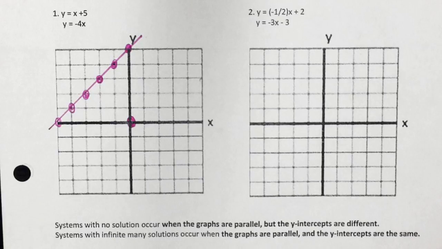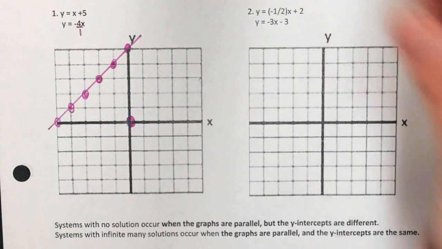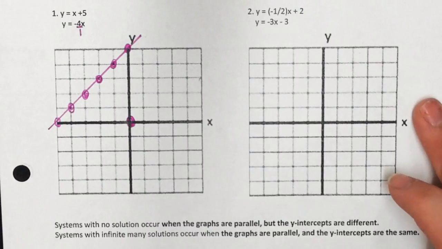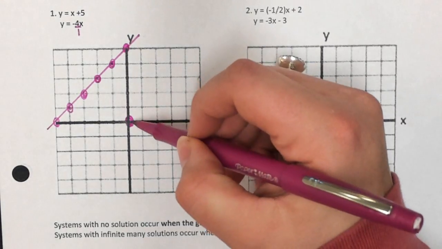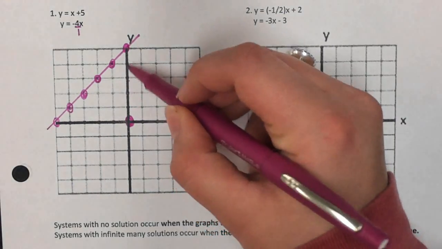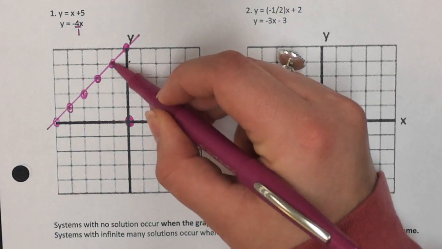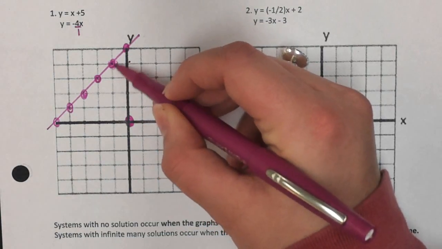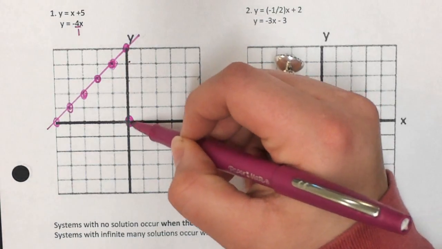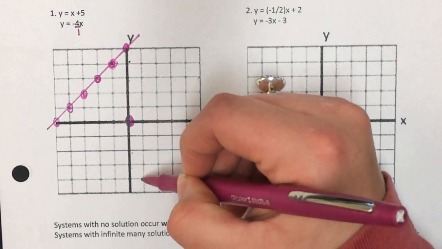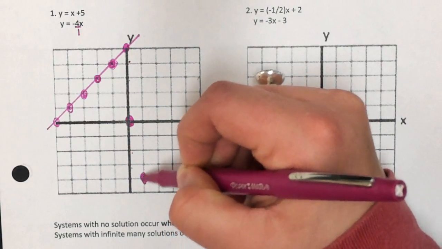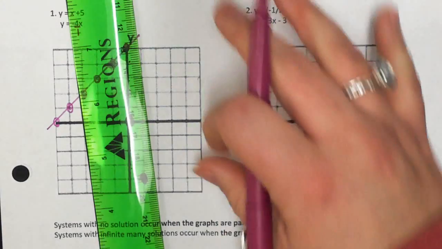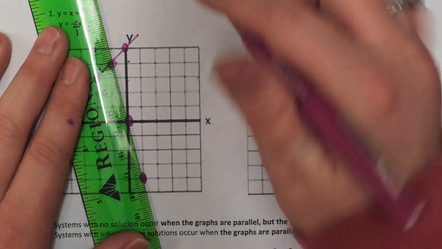Now remember, if there's not a number under -4, you can write a 1, so you can use rise over run. So we need to go up 4 over 1 because it's a negative slope. You could also go down 4 over 1. So once you have both of those points, go ahead and connect the dots.